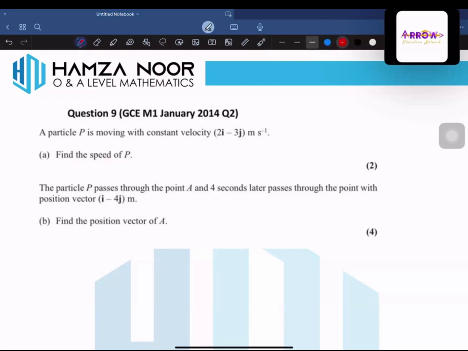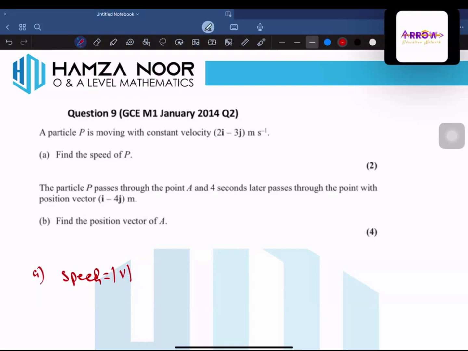As simple as that, we need to find the magnitude of this velocity vector, since you know that speed is basically the magnitude of the velocity vector. Here the velocity is constant, so we need to find the constant speed.